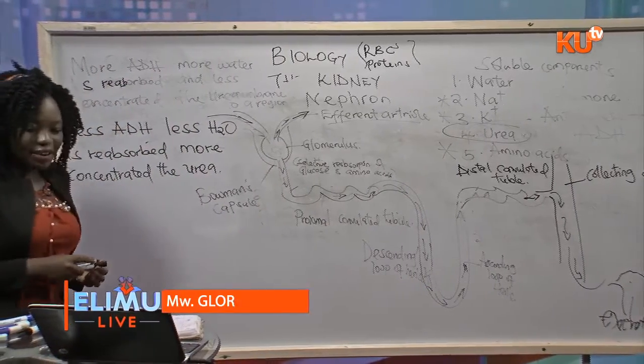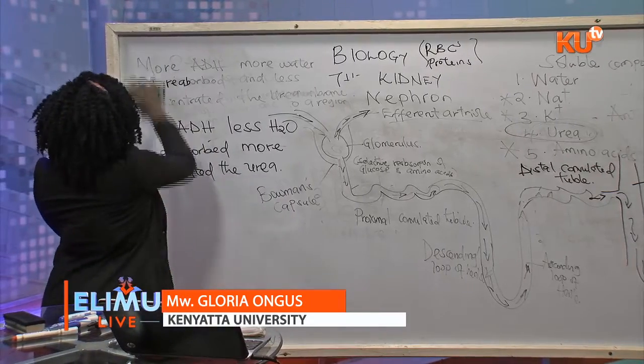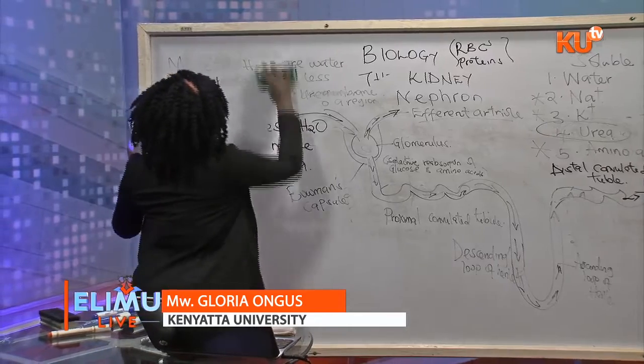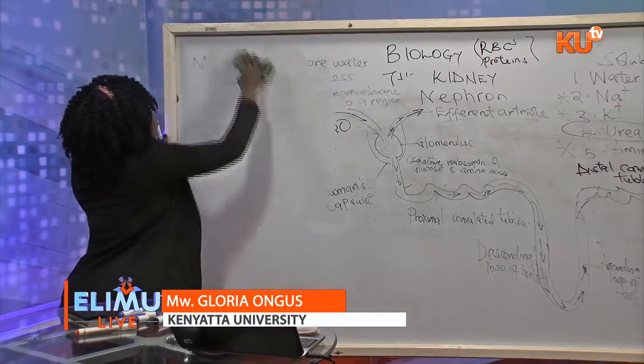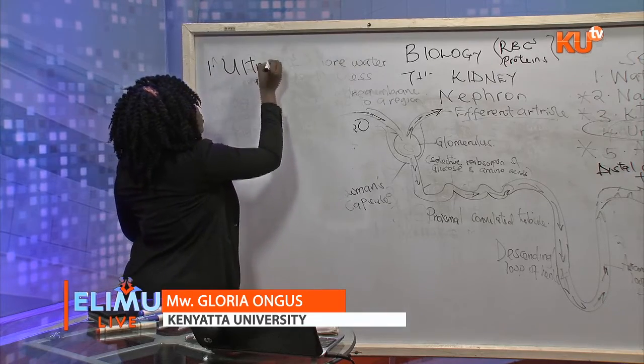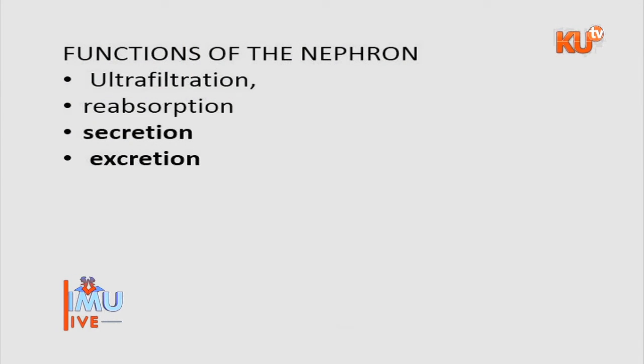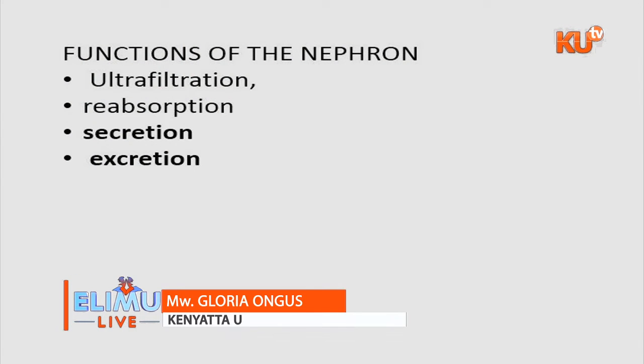Just to take us back, we said that the functions of the nephron, to remind you, number one was ultrafiltration. Number two was reabsorption, and the reabsorption was selective reabsorption.